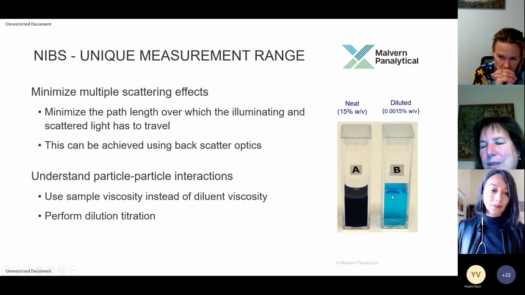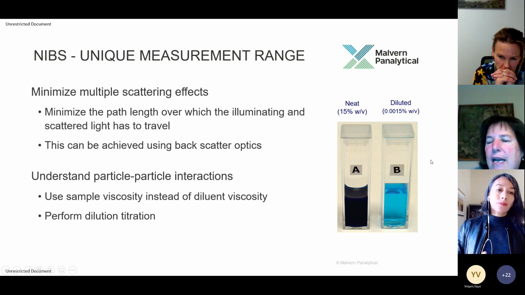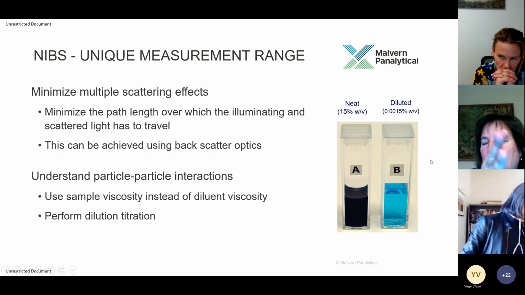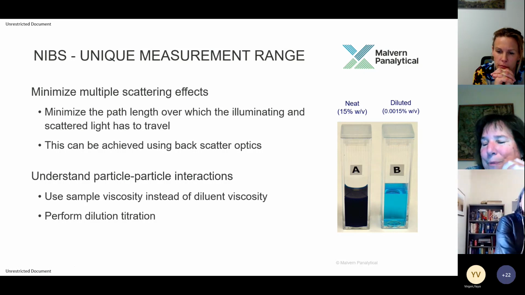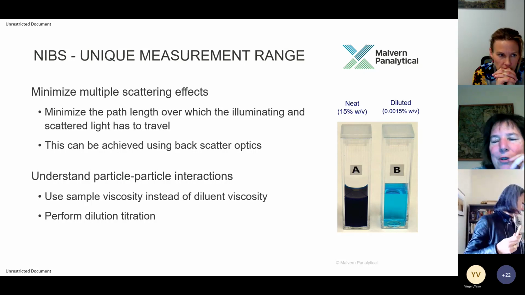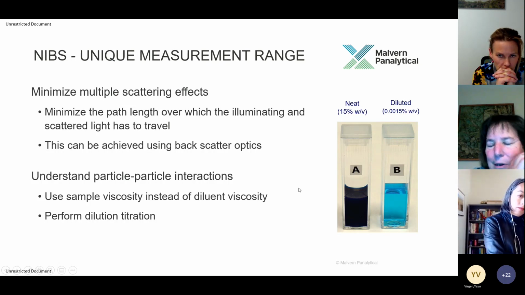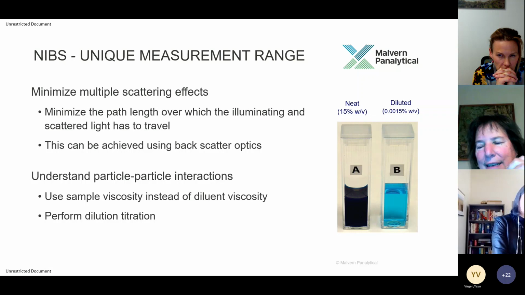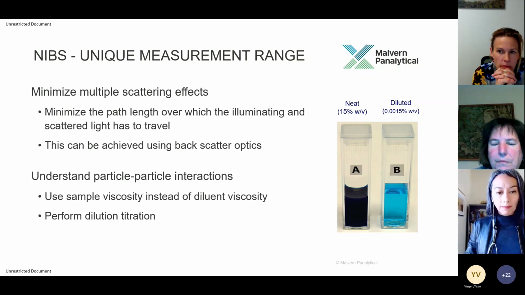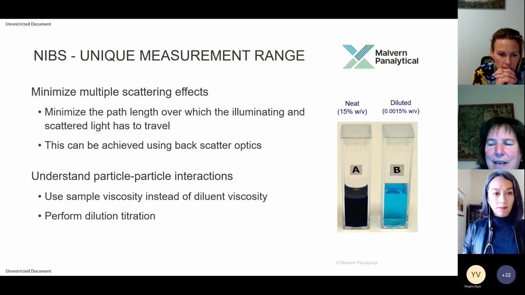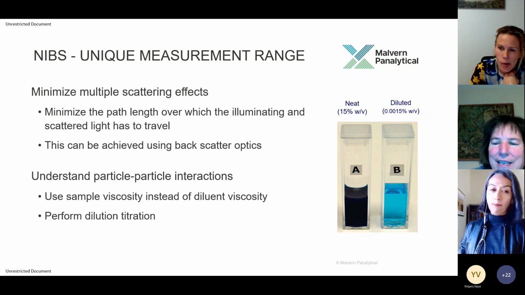So you can measure it dilute, you can measure it concentrated, but this Mont Blanc ink, which is blue, should absorb some of the red light and should have signal to noise issues, and certainly should be very nearly impossible to run at this concentration because it's so opaque. Having said that, both of these concentrations are very measurable in the Zetasizer Nano, and it was the first time that Mont Blanc ink could be measured in situ.